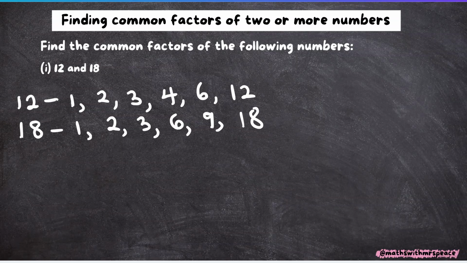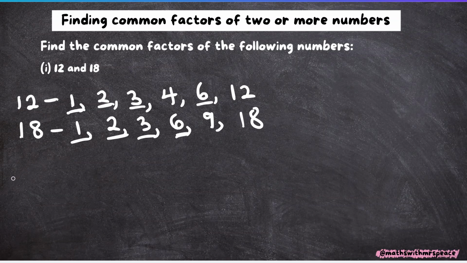So let's go ahead and identify their common factors. You can just circle or underline before you list them out. So we have 1, we have 2, we have 3, and we have 6. So 4, 9, 12, 18, even though they are factors of 12 or 18, because they are not factors of both of them, we won't be highlighting them as our common factors.